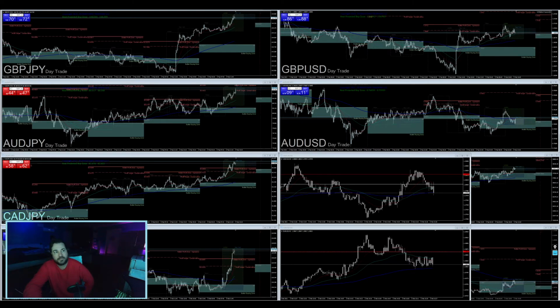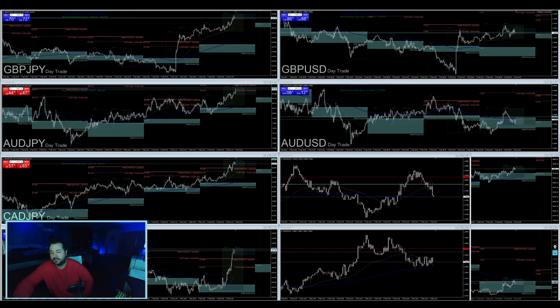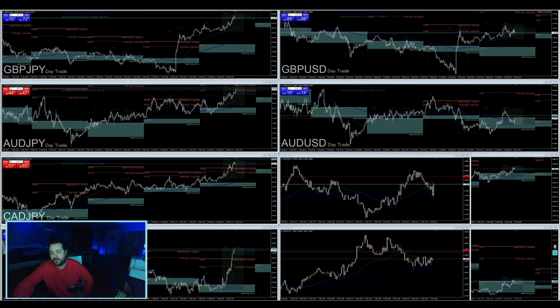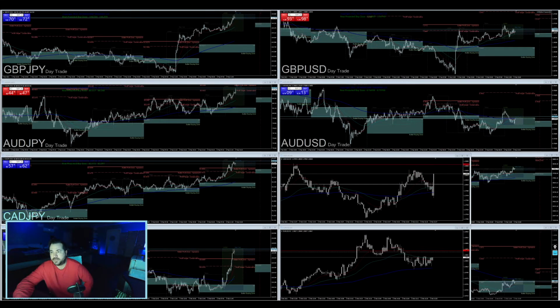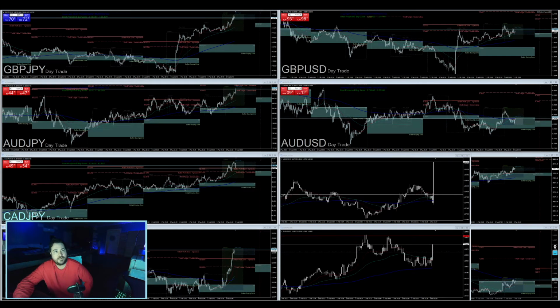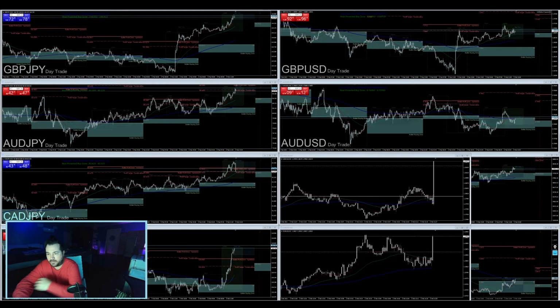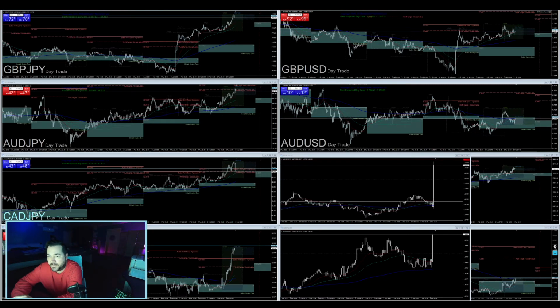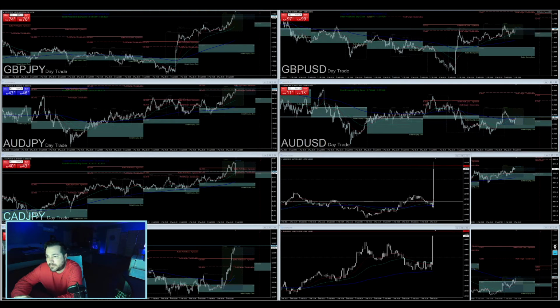All right, here go the spreads widening. Let's take a look at the numbers here. Average hourly earnings is up by 0.3%.